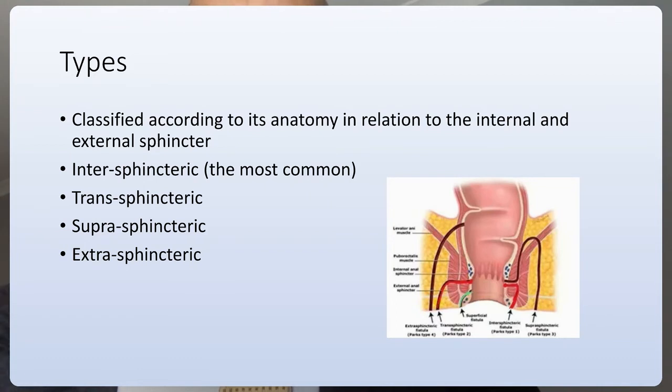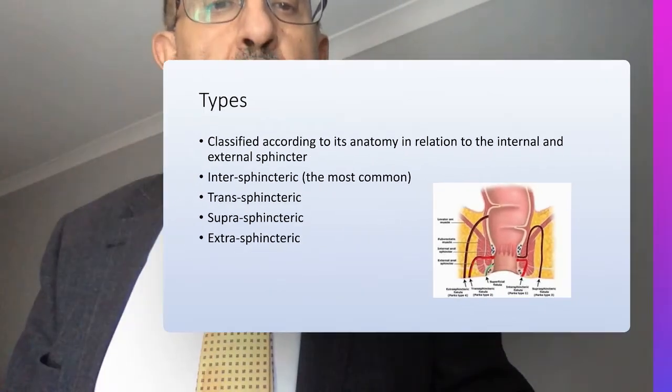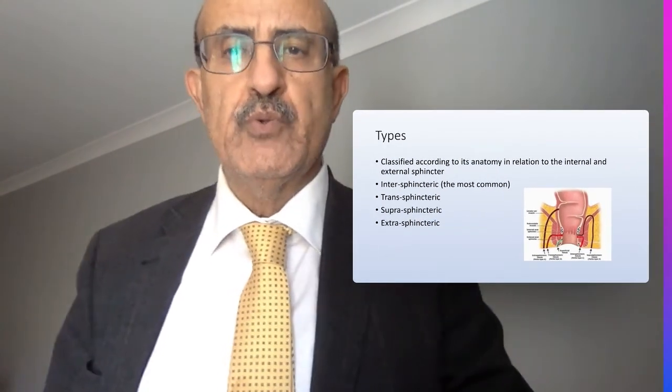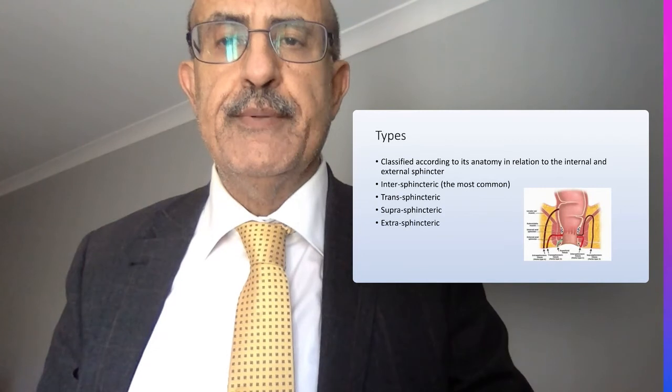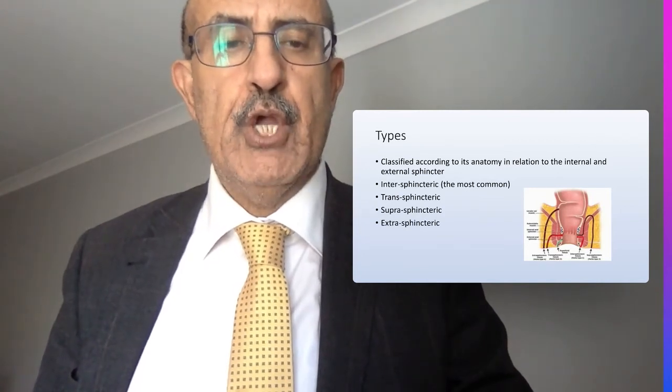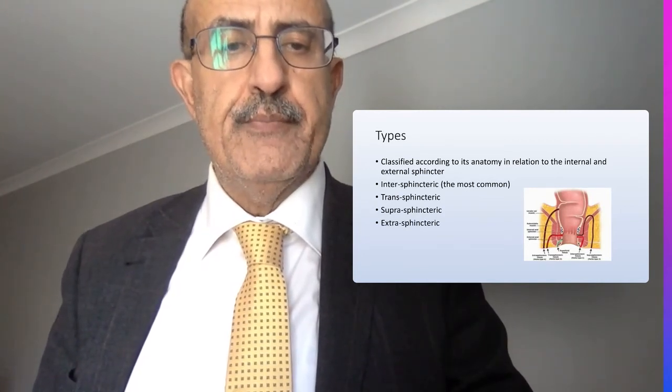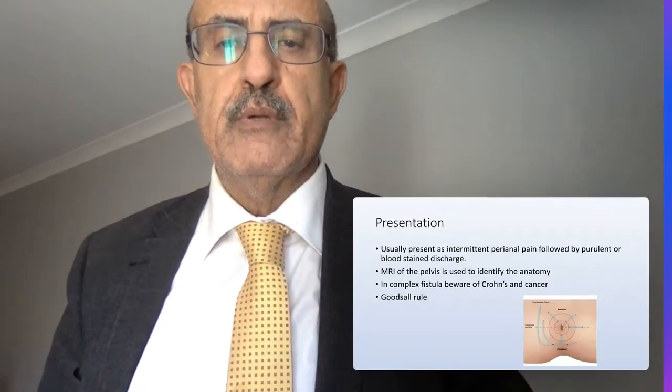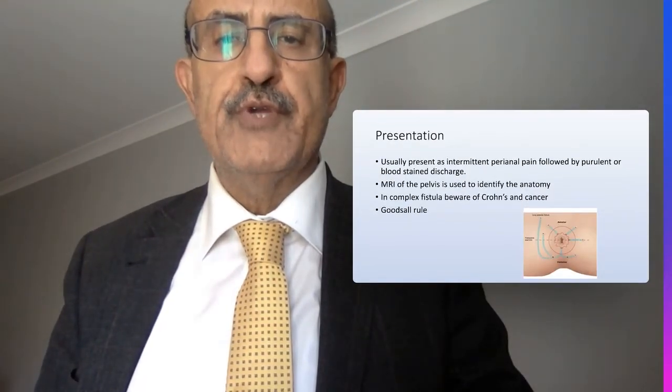And how do we tell or find which fistula it is clinically? We do that by ordering MRI for the patient, and MRI of the pelvis and the anal canal is a very useful tool to delineate the anatomy in order to help the surgeon to choose the right form of treatment.